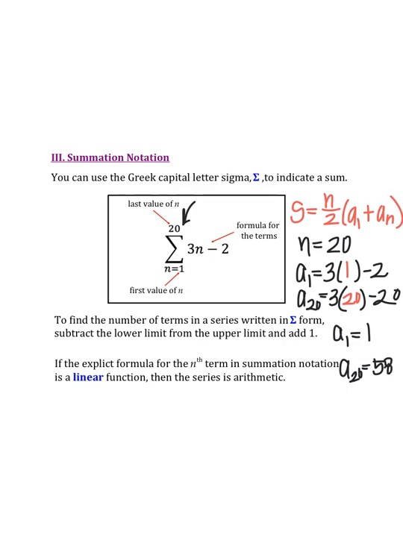So then I can put this into my formula, 20 over 2, 20 divided by 2, and then 1 plus 58. So it ends up that the sum of the first 20 terms of the sequence is 590.